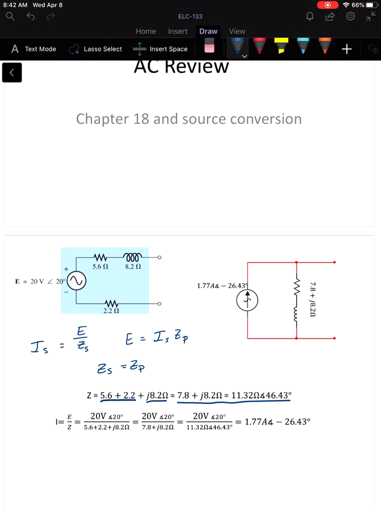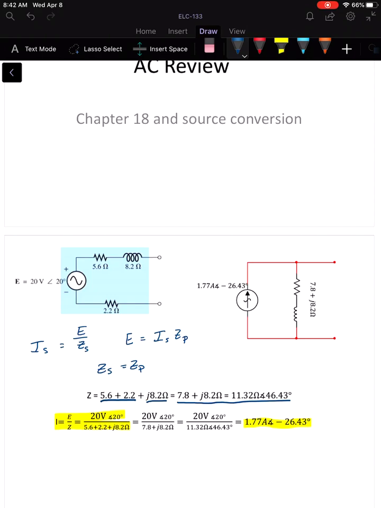Here we're looking for the source current, so we're going to take our 20 volt source and divide by this impedance that we just found. That gives us a source current of 1.77 amps at negative 26.43 degrees.